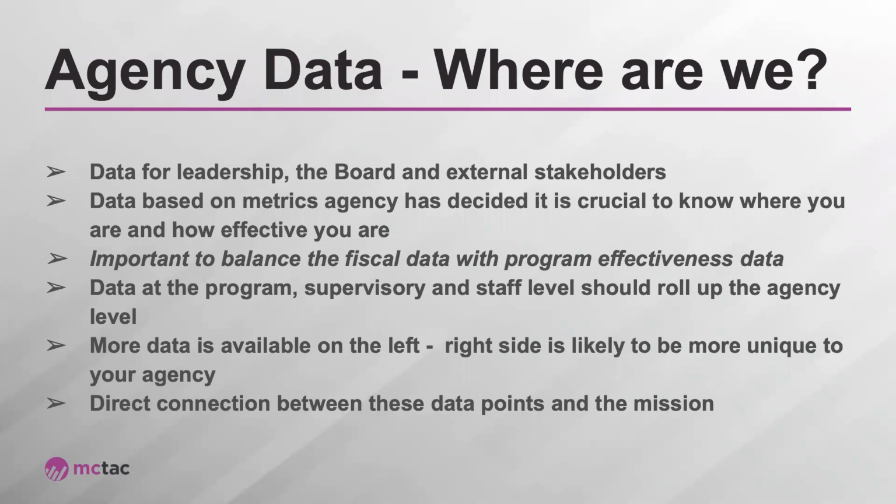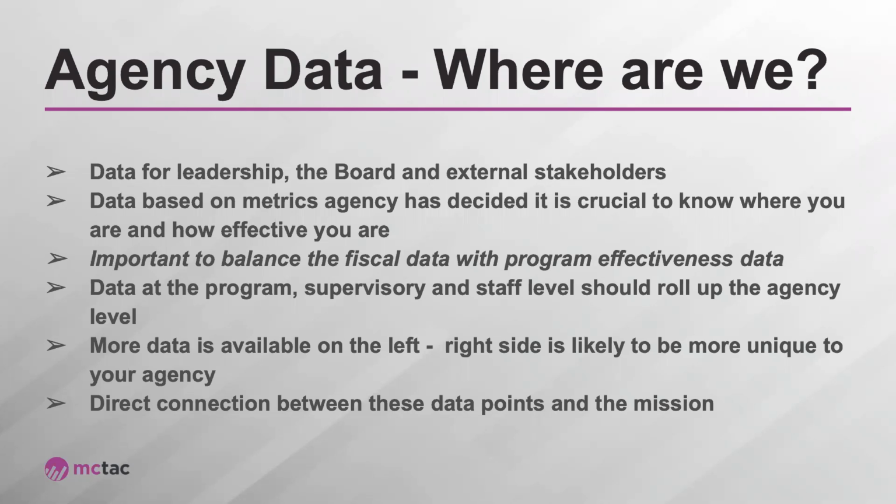So the data that we're going to be looking at today is the overall data, and then as we look down through the different levels within the matrix, you'll be seeing program data, supervisory data, and staff data that rolls up to this data, and it really is a way of connecting the data and the work that everybody does within the agency to the mission statement. So the individual staff reporting their data, or data that connects to the supervisory, to the program level, and then to the agency and the mission level.